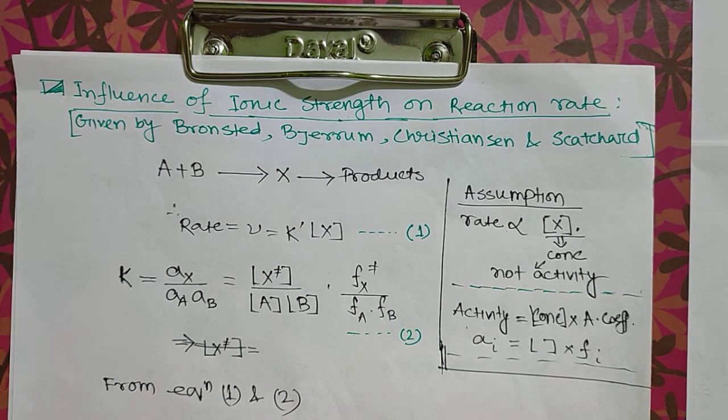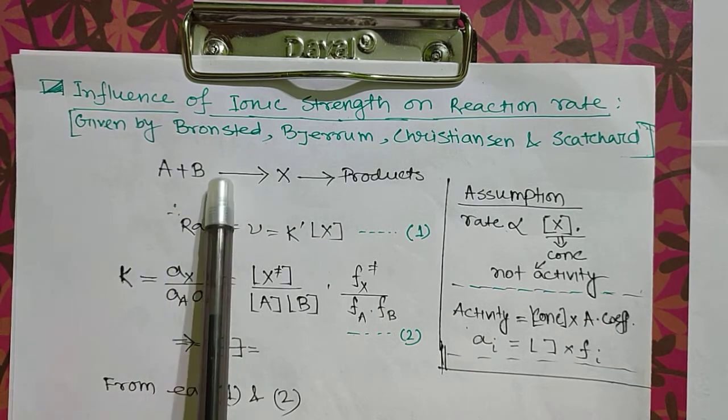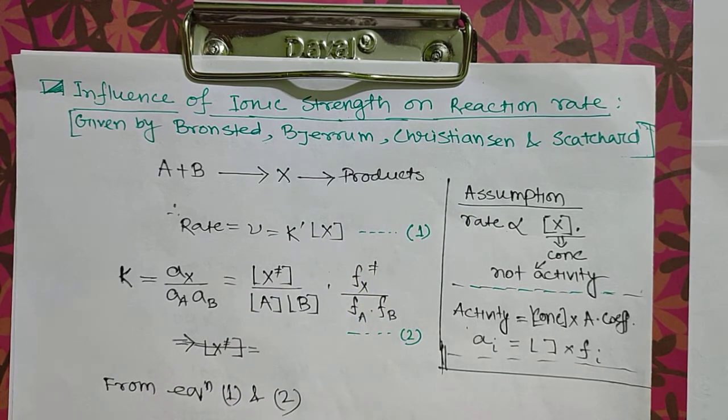First, let us assume that two molecules, A and B, are reacting and produce X and products. It is not necessarily the case that X is an activated complex, but for convenience we will assume that X is an activated complex.